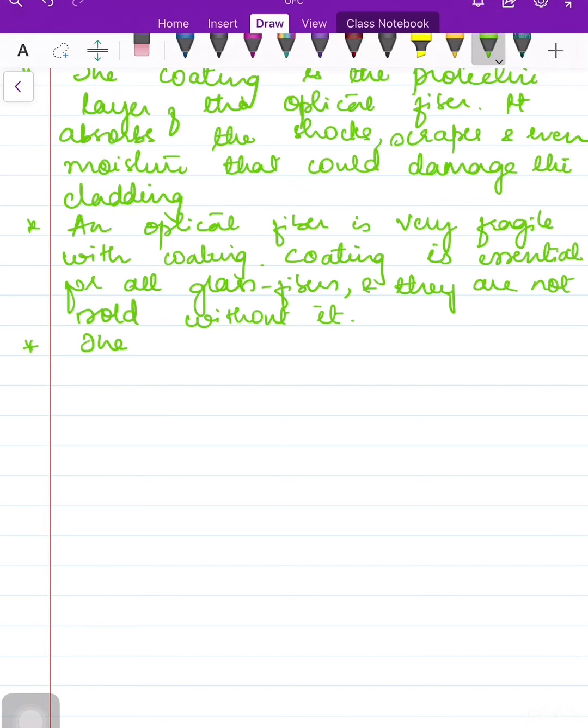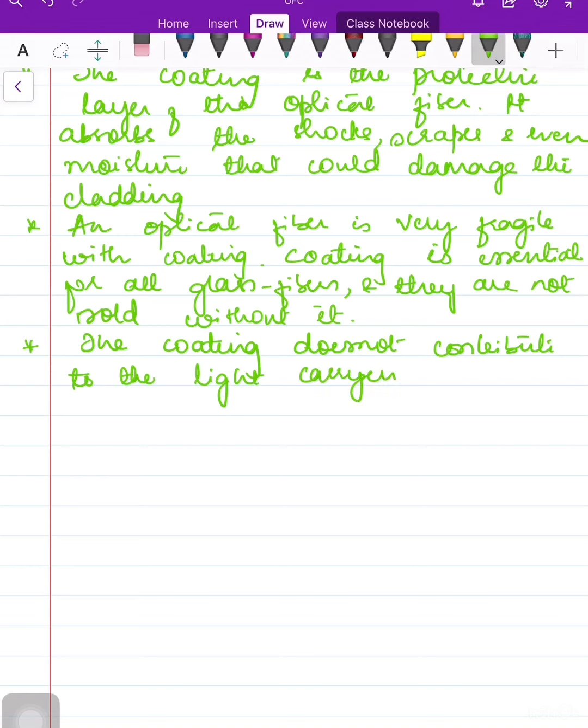So the coating does not contribute to the light carrying ability of the optical fiber.